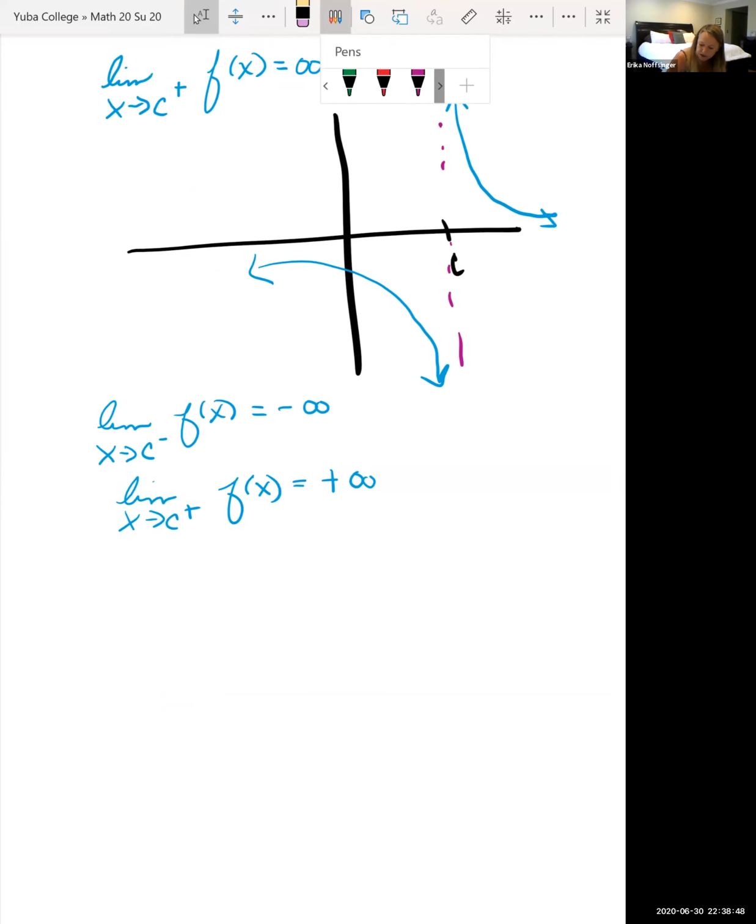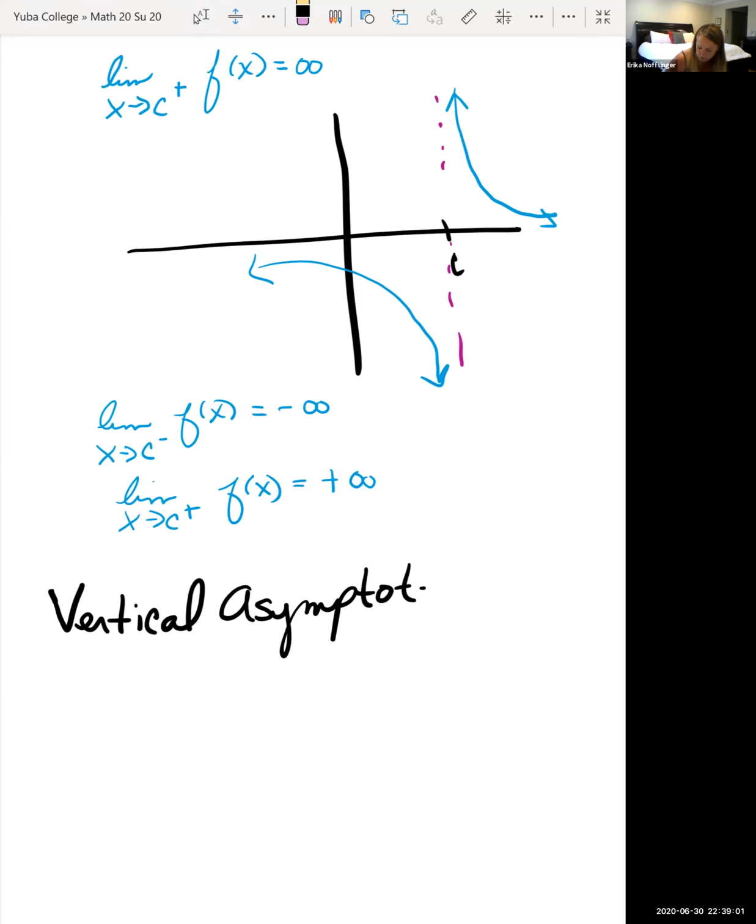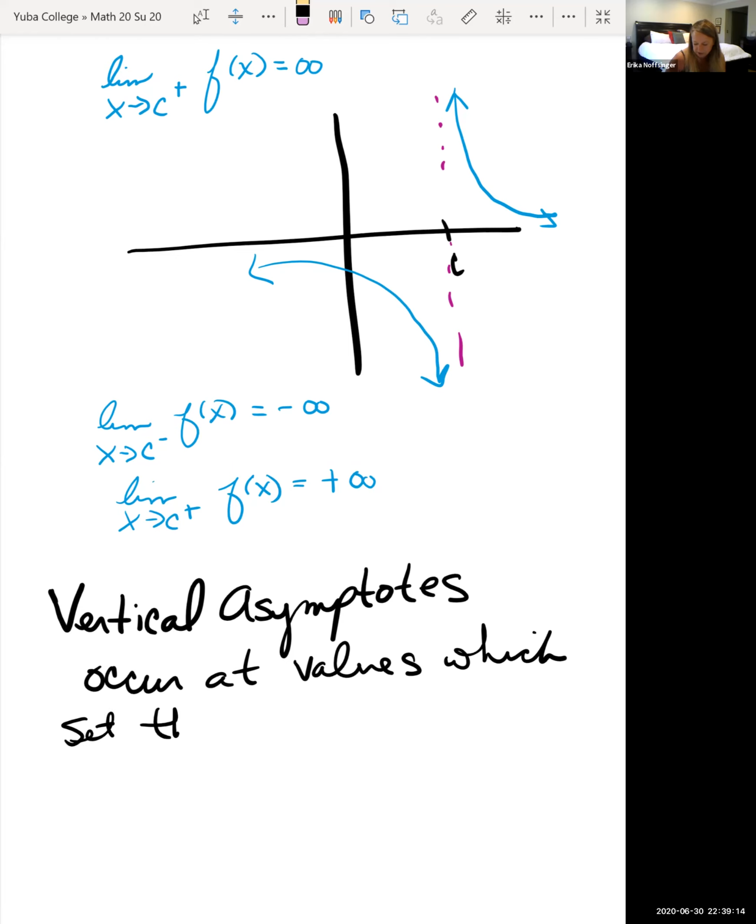These vertical asymptotes, we can find them. So vertical asymptotes occur at values which set the denominator equal to 0 but not also the numerator.